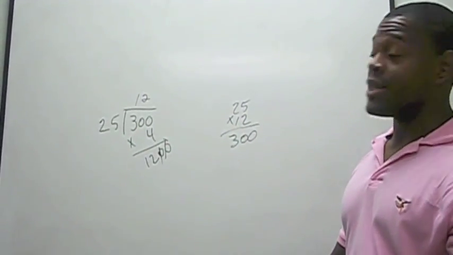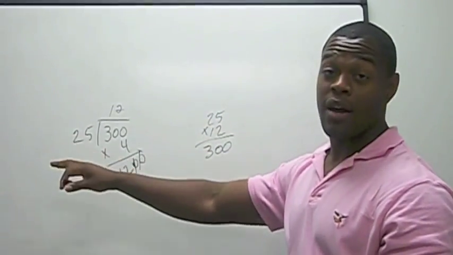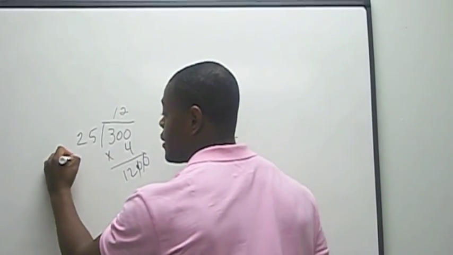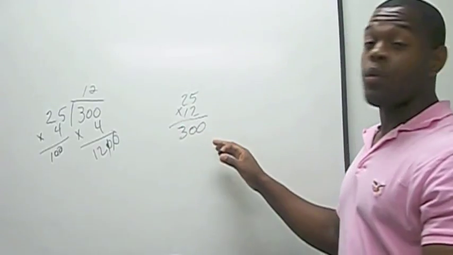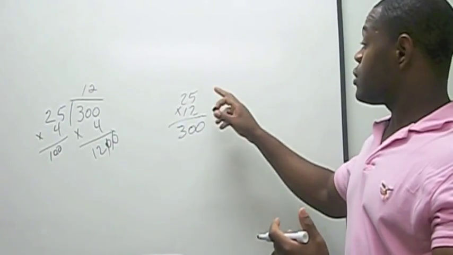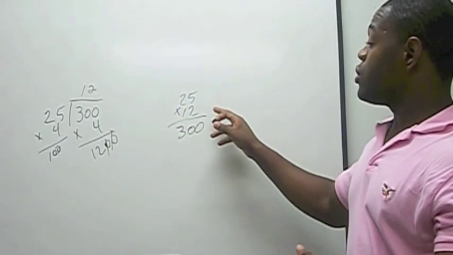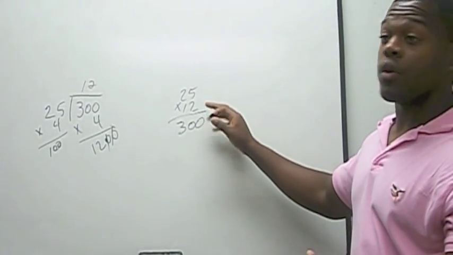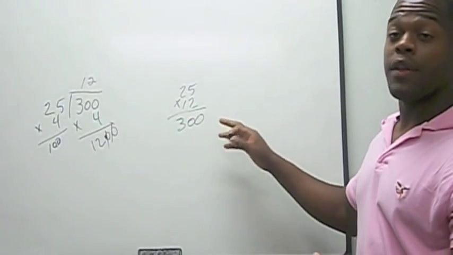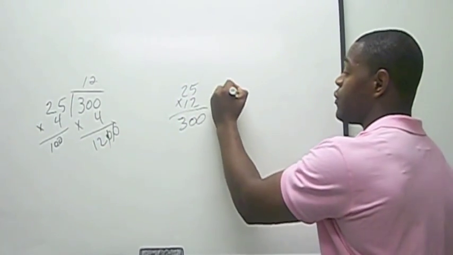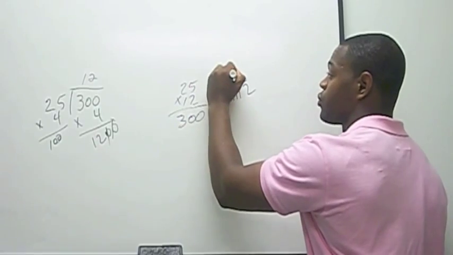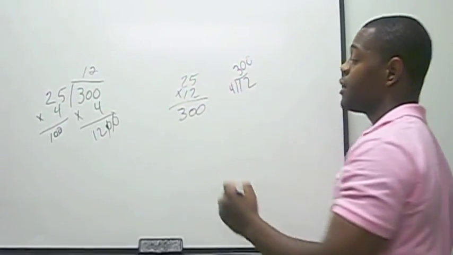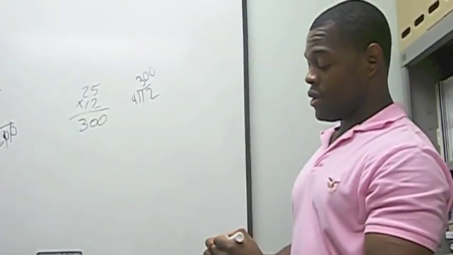The reason behind this is because 25, you multiply that by 4, you get 100. So that's solid. Then when working with 25, all you do is divide your 12 or your other number by 4 and then add 2 zeros. So 12 divided by 4 gives you 3, and add 2 zeros gives you your number 300.